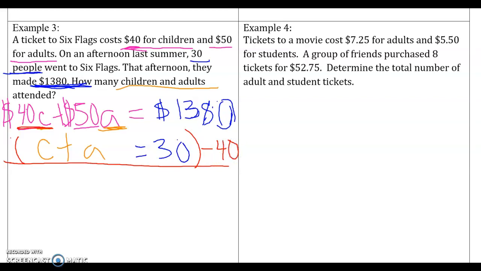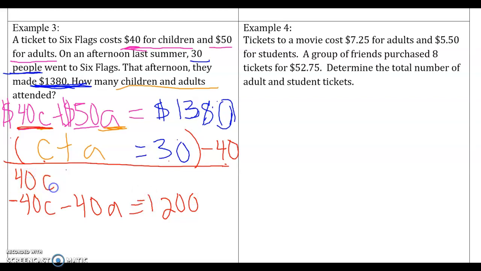So if I multiply the second equation times negative 40: negative 40C, negative 40A, negative 40 times 30 is negative 1,200. Bring down the first equation. It did not change.